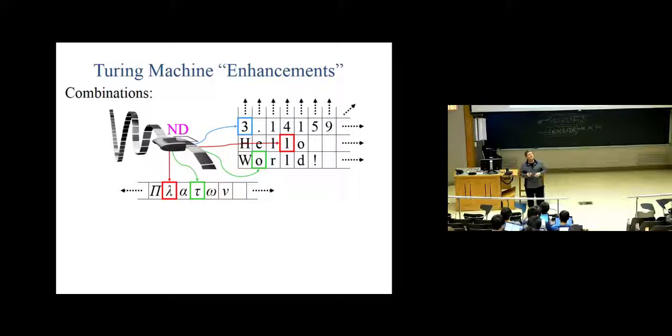Yeah? You can collapse the enhancements one by one. So maybe you start by collapsing that 2-dimensional thing into a 1-dimensional one, then you collapse the two-way infinite tape into a 1-way infinite tape, then you collapse the 2 tapes together, then you represent all the heads. Exactly. So basically, these transformations, how we got rid of the enhancements, they all do what with each other?